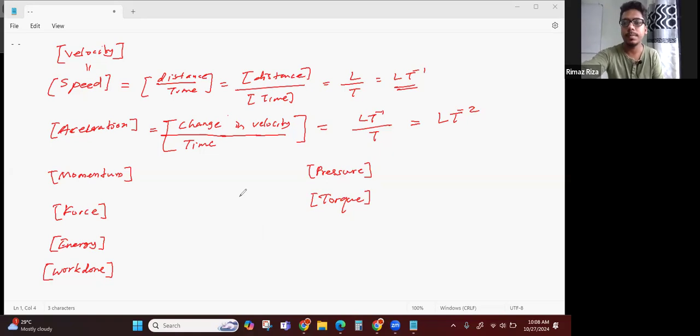Find the dimension of these quantities. If you finish, you can snap your answer and send it to me through the chat box. Not to Rima's Visa, you have to send it to the Knowledge Institute. So then I can view it on my laptop. So find the dimension of these quantities, and each of you has to send your work.